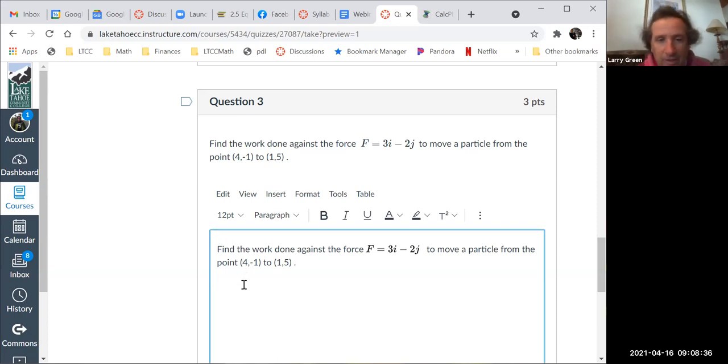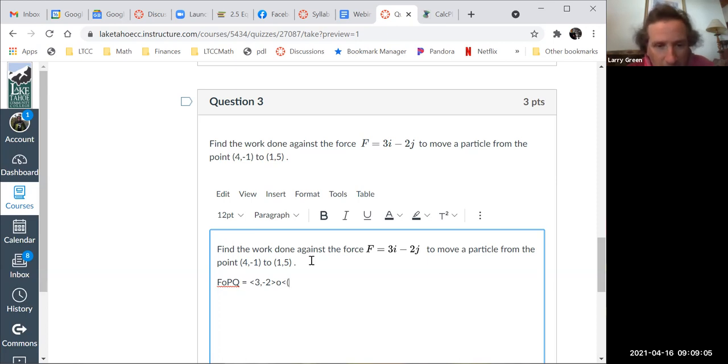So what we want to do is take the F dotted with, let's call it PQ for the displacement vector. And that is equal to F, which is 3 comma negative 2, dotted with the displacement from P to Q. I'll show the work.